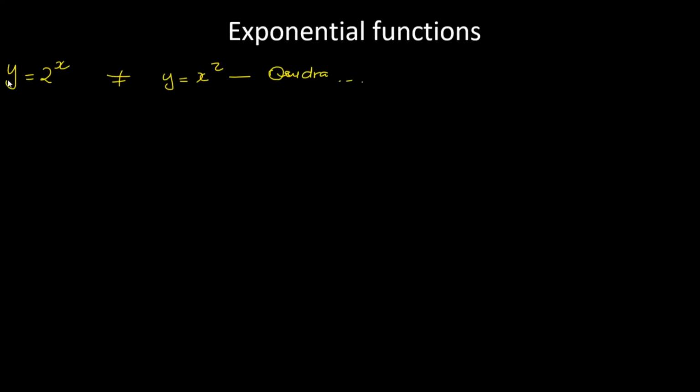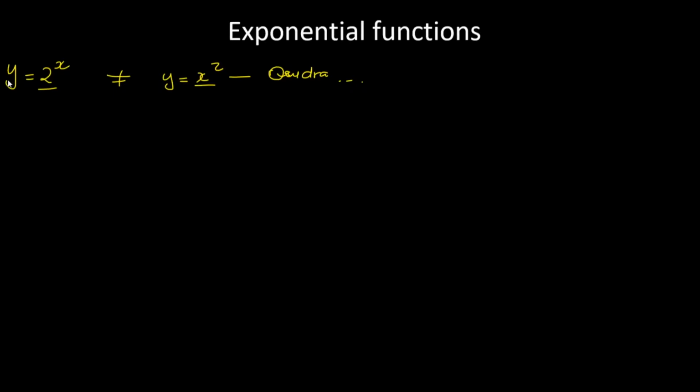The reason why these are not the same is the base. Look at the base for the exponential function: the base is a number, and with the quadratic function, the base is x. Now that you understand that an exponential function differs from a quadratic function by the base and how it grows, we will start with an example, y is equal to 2 to the power x.